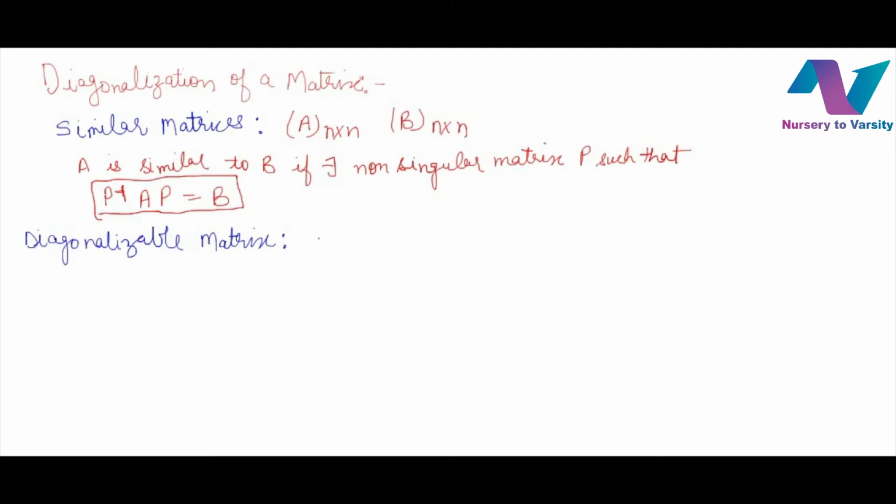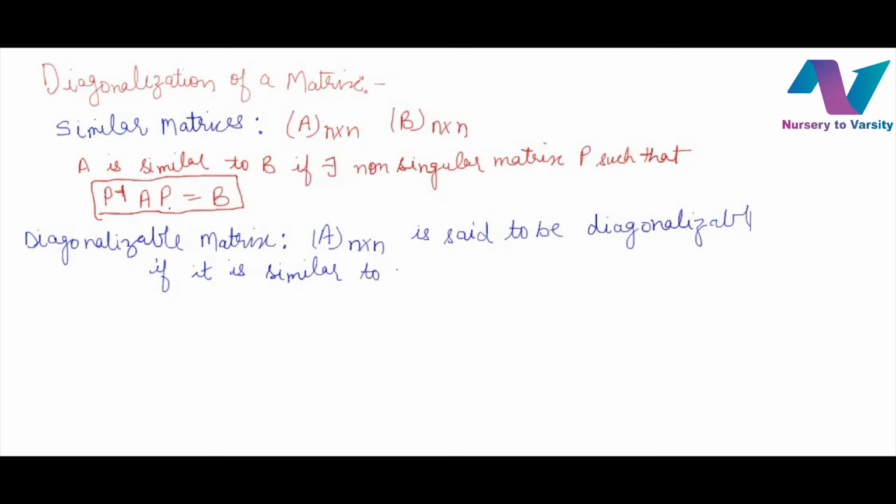A matrix A, again a square matrix of order n cross n, is said to be diagonalizable if it is similar to a diagonal matrix.